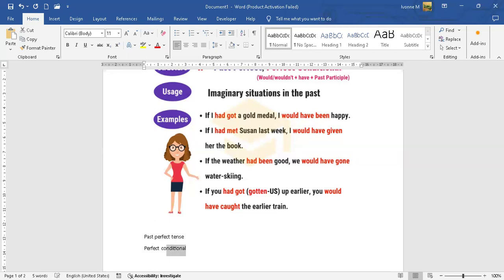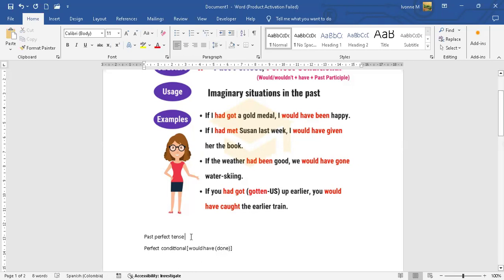So the conditional is a verb tense where we use would. That's the conditional. If I say the perfect conditional, I have to say would have, and let's use brackets, would have, in parentheses, done. Done is just an example. It's just a verb, but it can be every verb.